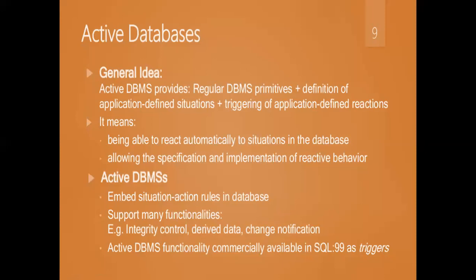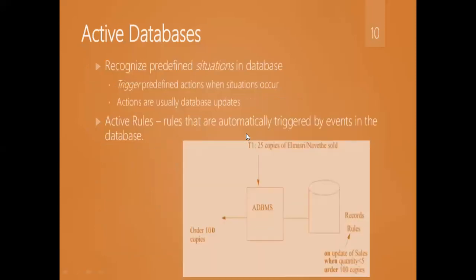The active database came into existence from SQL 1999 as triggers came. So we have been using triggers in SQL from the 1999 version onwards. The example of your active database model you can see on your screen, which is recognizing a predefined situation in the database.